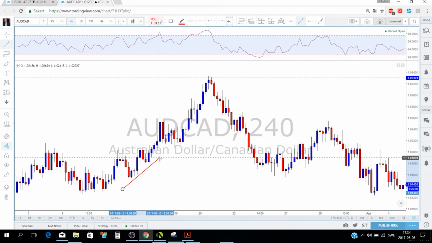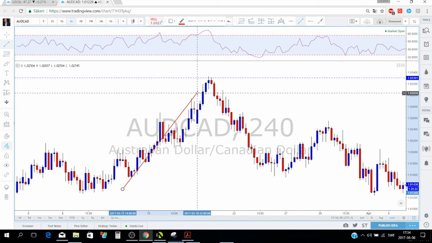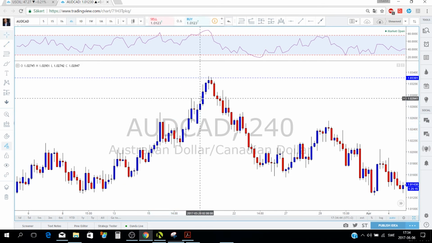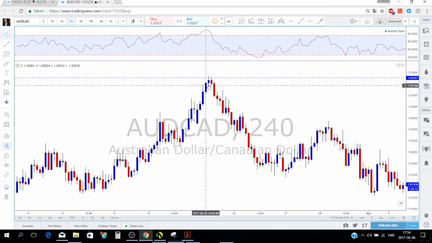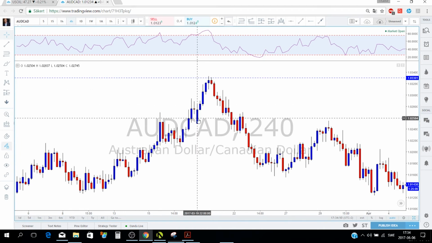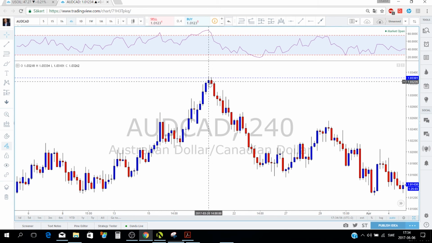You see that we started down here, and we had this very strong momentum move. By looking at the candles before these two stars here, you see that we have very big candles compared to those two stars here.